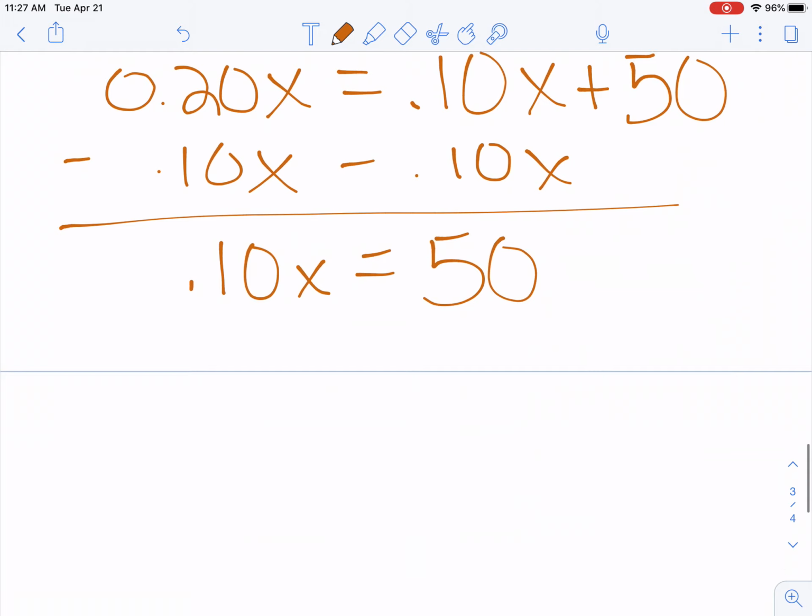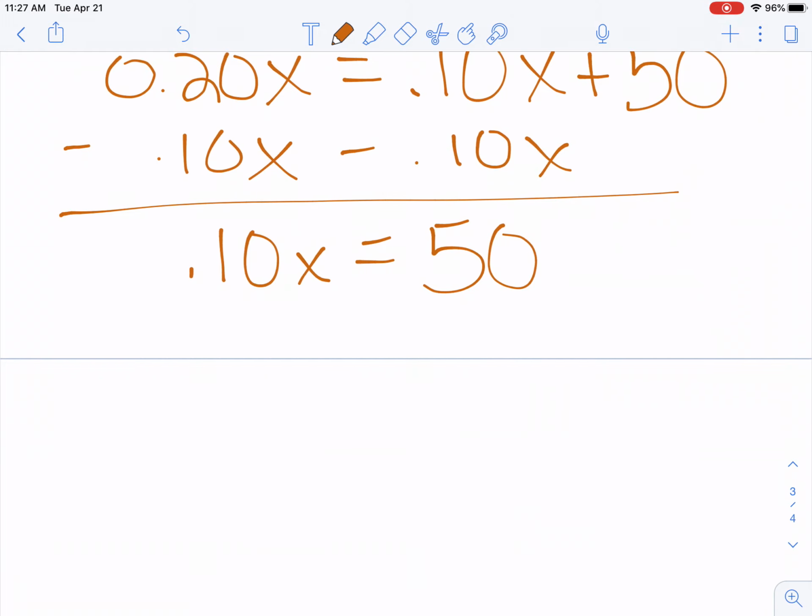The next step would be to divide 50 by 10 cents. So it gives me 500.